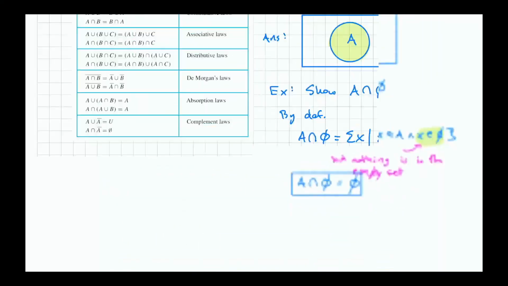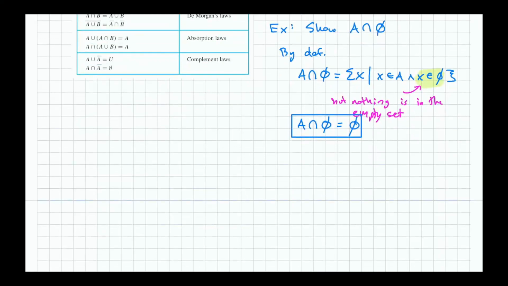Those things are obvious, but we can look at them a little bit. So A union B is going to be equal to B union A. Why should that be true?